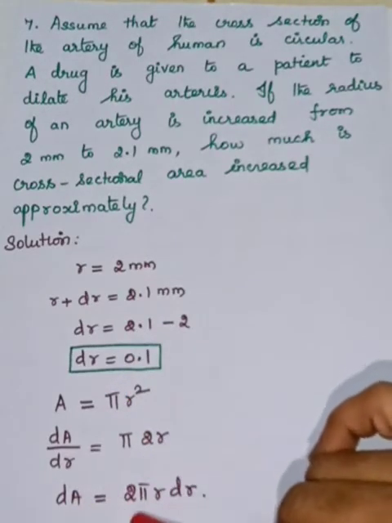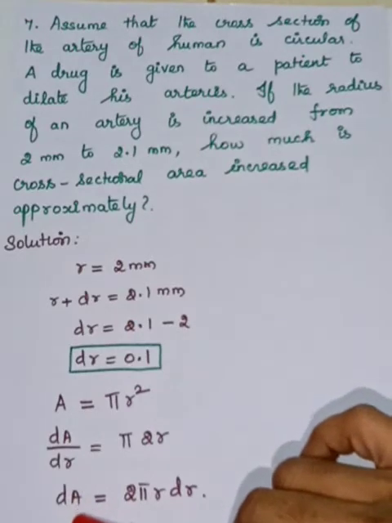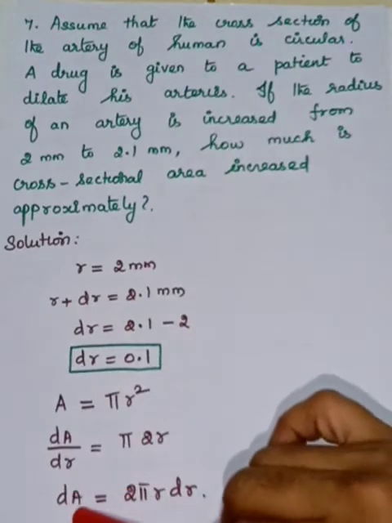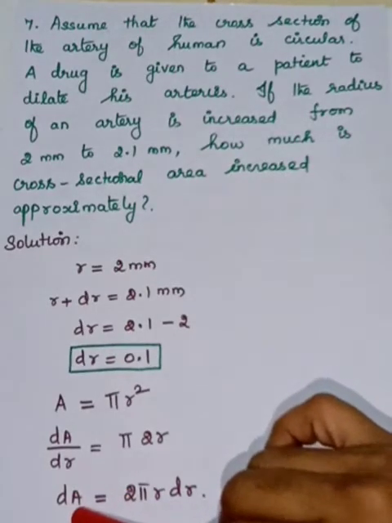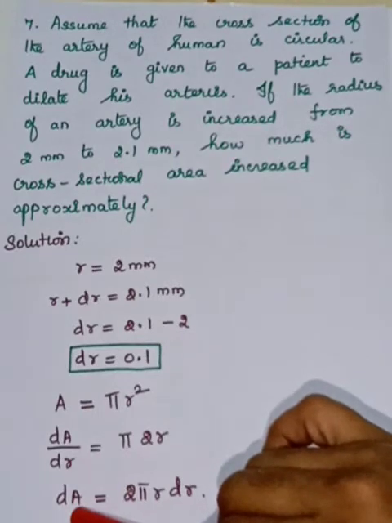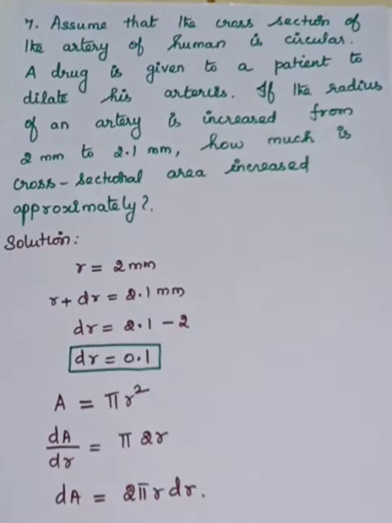So dA is equal to 2 pi r into dr. So this only is asked: how much is the cross-sectional area increased? A is the cross-sectional area of the artery. So dA is nothing but the approximated increment in that area.